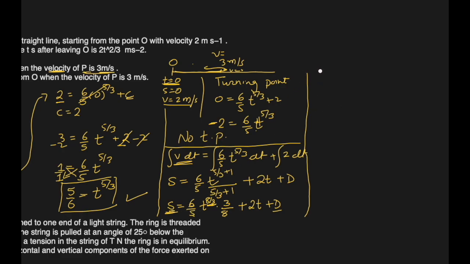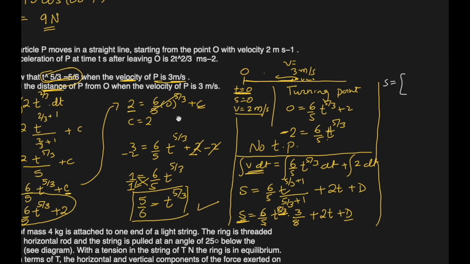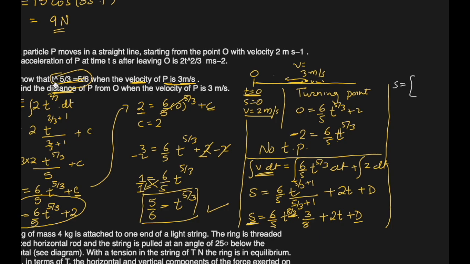So this s will be from time 0 till the time when velocity, let me show here, when this is the situation, t to the power 5 third equals 5 sixth. Let me find that t first, then I will go ahead. So t to the power 5 third equals 5 sixth, and to find t I will get rid of this exponent 5 over 3 by its reciprocal.